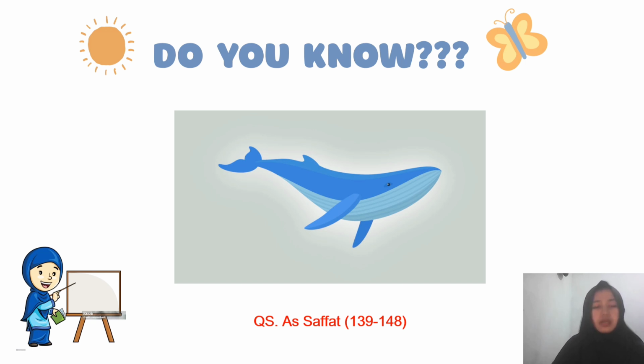And because Nabi Yunus felt so sad, he decided to leave his people. And during the journey, something happened, and Nabi Yunus was accidentally eaten by a whale.